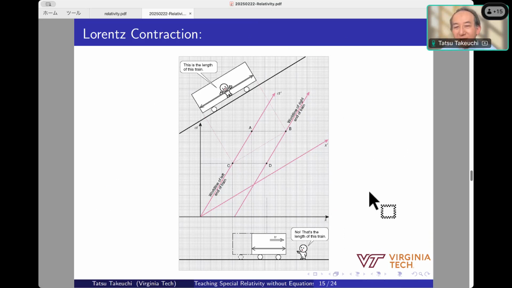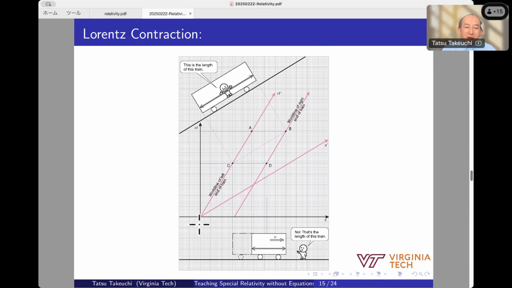If you have a moving object, you're not going to measure the position of the nose at 11 a.m. and the position of the tail at 11:05 and say that the difference gives you the length of the object. Naturally, you need to figure out where the right and the left end are at the same time and measure the difference between the two, and that is what you would call the length.